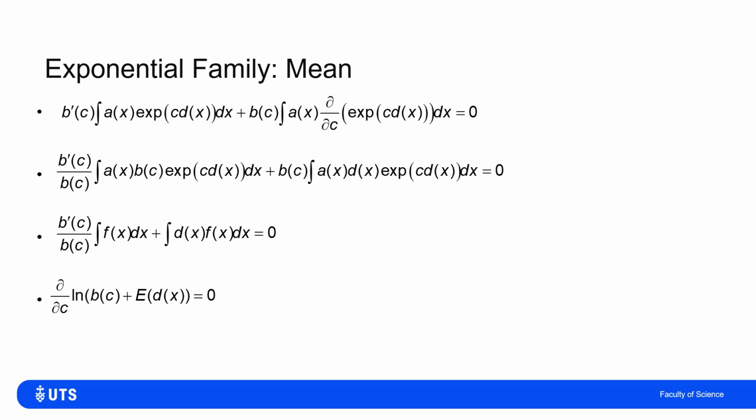The integral of f of x with respect to x is 1. And the other term I've got there is just the integral of d of x times f of x, so is the expectation of d of x. Those have to sum to 0. So what it does tell me is that the expected value of d of x can be calculated just by differentiating log of b of c and taking the negative of that.